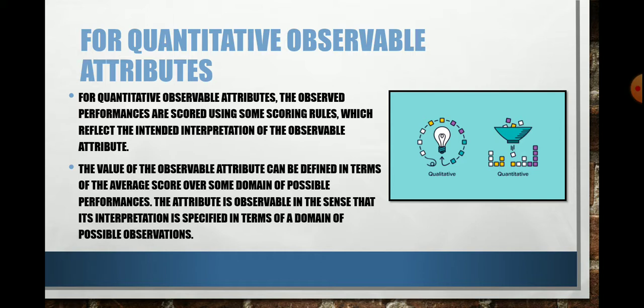The attribute is observable in the sense that its interpretation is specified in terms of a domain of possible observations. Okay, so as we all know, the most common way of observing performances is the method of scoring, such as what is mentioned here, that scoring is used for measuring quantitative observable attributes.